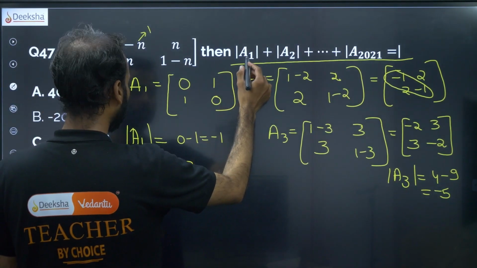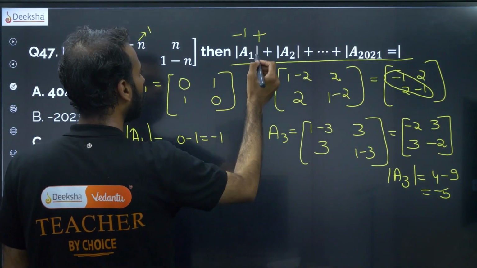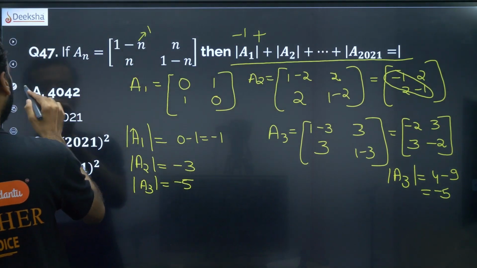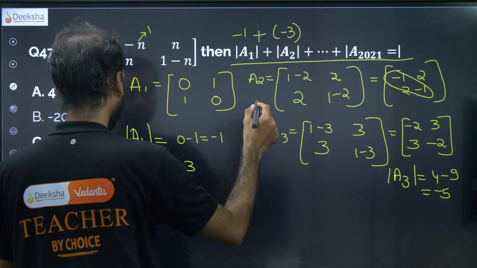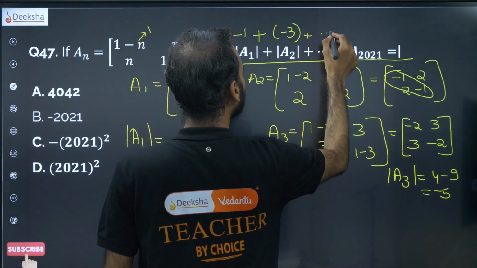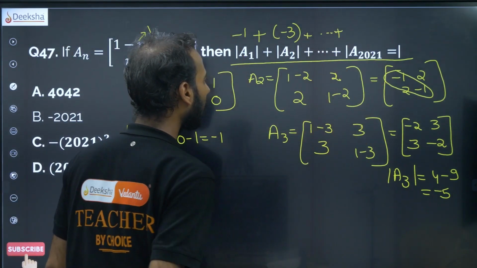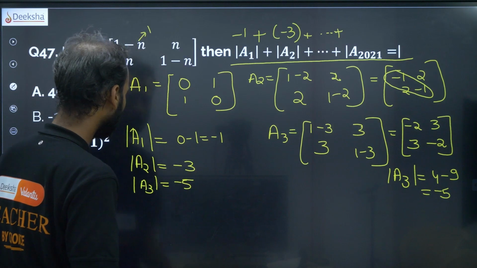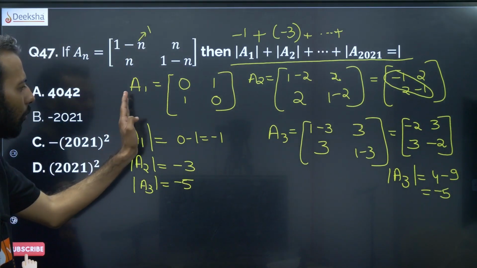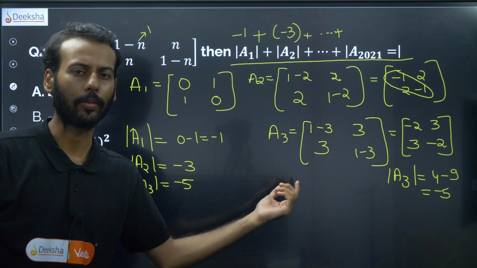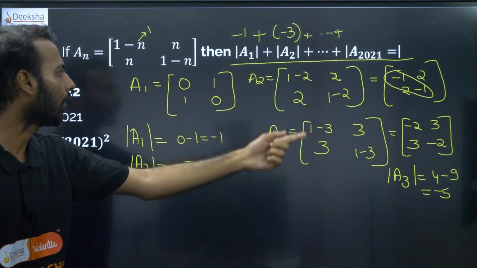Determinant of A is minus 1, plus determinant of A2 is minus 3, minus 3. Next, and so on. Now to find determinant of A2021, let me remove this. If you want to make a note of this, make a note of it.